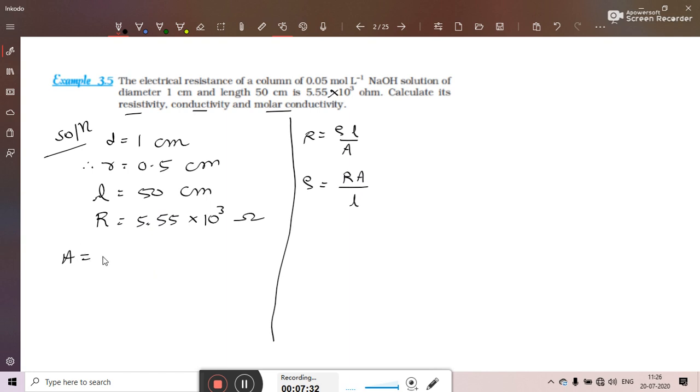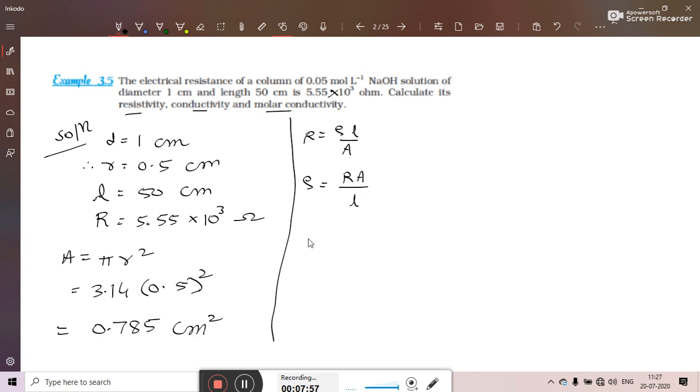Now cross sectional area of a cell is pi r square. Now pi is 3.14, and r in terms of centimeter is 0.5, so it will be 0.5 the whole square. So this will be equal to 0.785. Now r is in centimeter, so area will be in terms of centimeter square.